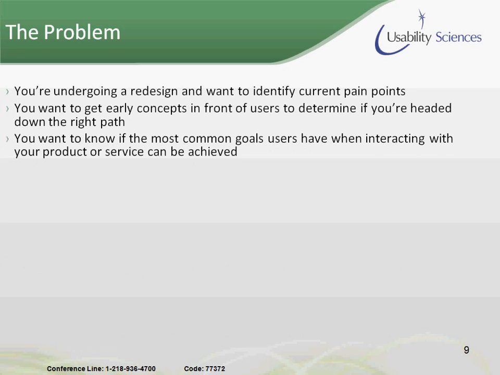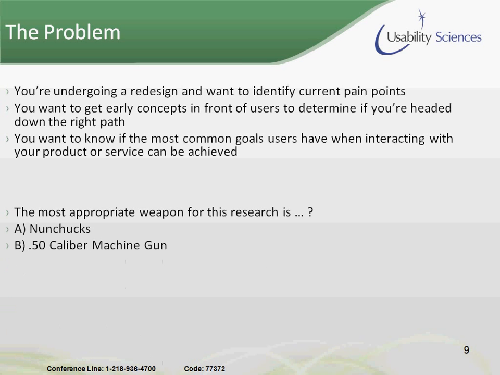Or perhaps you want to know if the most common goals users have when interacting with your product or service can be achieved. So, the most appropriate weapon for this research is nunchucks, a .50 caliber machine gun, or mace.